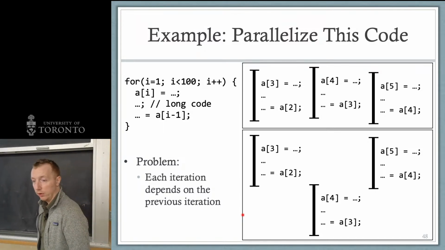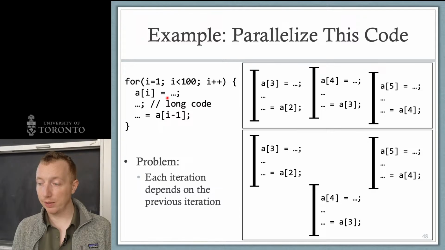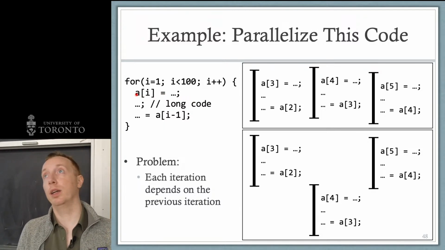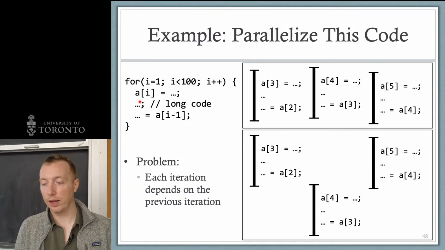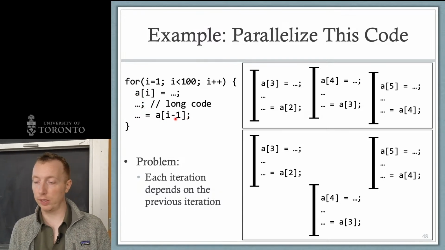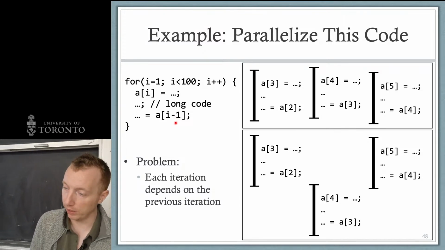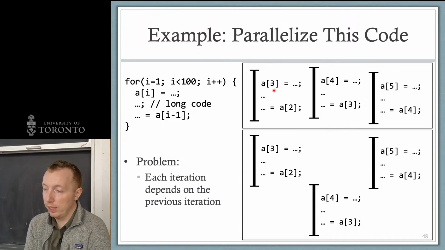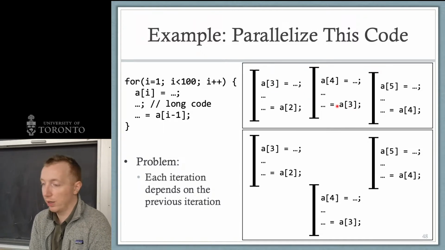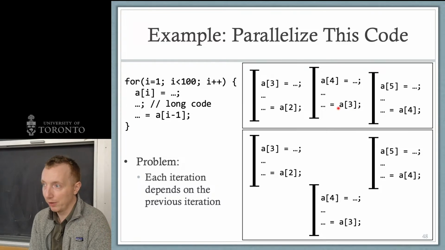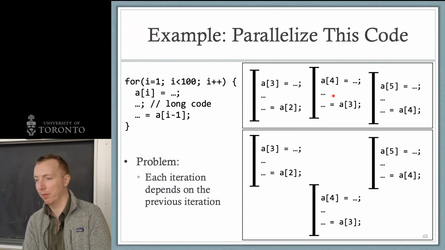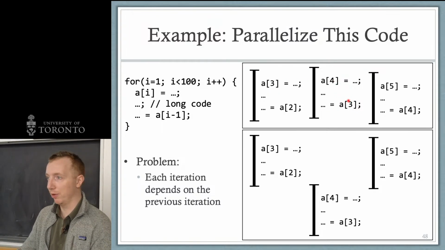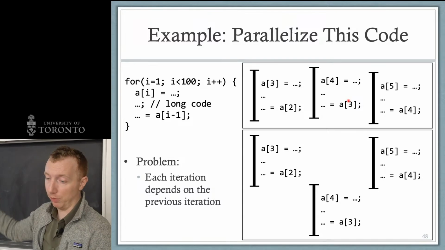So to parallelize this code, suppose you had something that wasn't embarrassingly parallel: you have a write to index i, and then some long code that actually reads from a previous value later. So what it looks like is, I'm writing to 3, but in the future, I'll be reading from it. I want to make sure this happens before this happens, assuming I want the most up-to-date version of it.